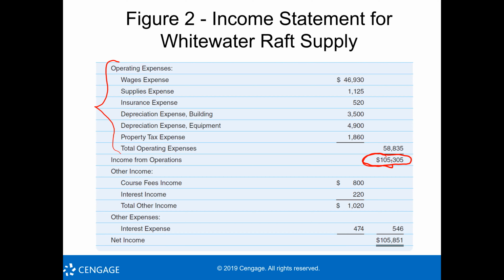And then after income from operations, if applicable, we would list any other revenues or gains. I know it says other income, but we actually call this other revenue or gains. And it says other expenses here. We call this other expenses or losses.